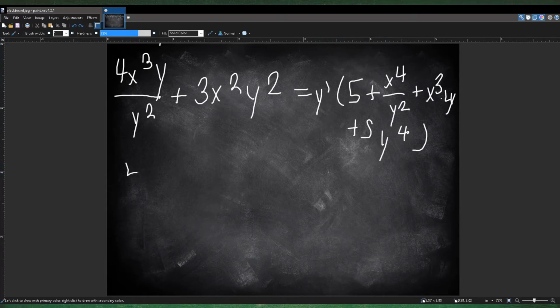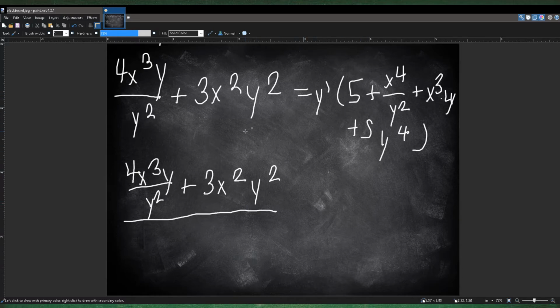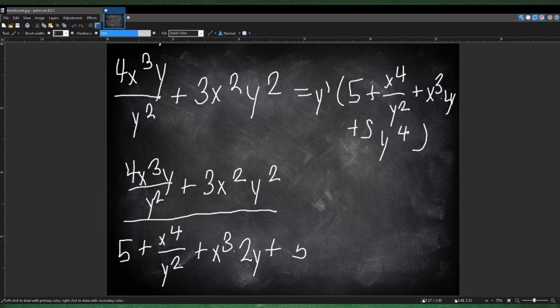So we have 4x cubed, right, from this side, divided by y squared, plus 3x squared, divided by y squared, all divided by this number, which is 5 plus x to the power of 4 divided by y squared, plus x cubed, and that number was 2y, yes, 2y, plus 5y to the power of 4. Oops, we don't have a parenthesis there. And this is all equal to the derivative of y.